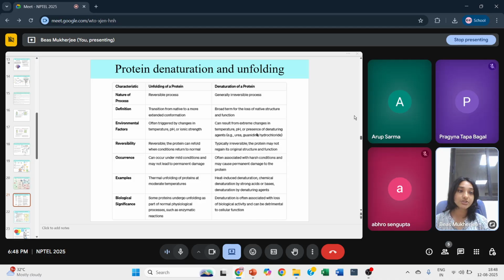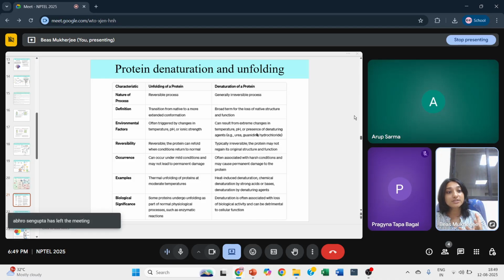So what is denaturation? Denaturation means that, let's say this was the native structure. So we want this native structure to go back to the initial primary structure. So that is denaturation. But unfolding is caused by agents, it is a rather harsh thing, right?